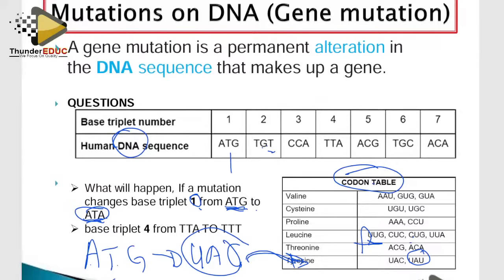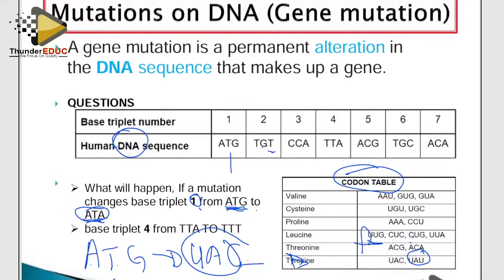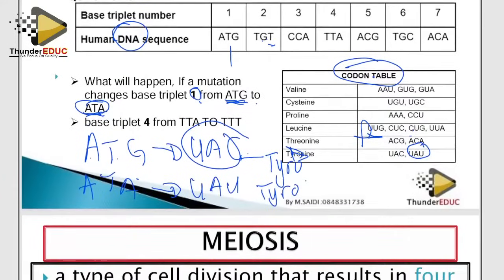So this is tyrosine, and also this is tyrosine. It means there will be no change in the protein, however much there is a change in the sequence of DNA. So how do you write an exam? You tell us that this changed to this, of which these two code for the same amino acid, which is tyrosine.